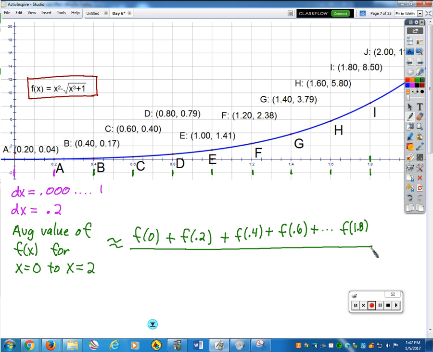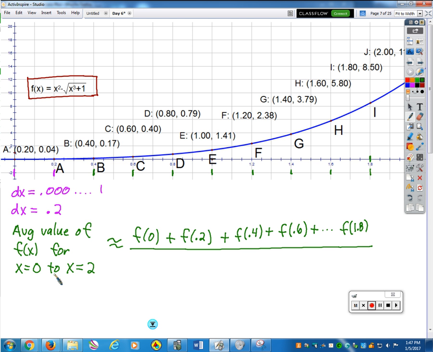Okay, but there's something we want to make sure we do. We want to make sure that you understand how to apply this idea not to this situation, but to any situation. So rather than write down 10, I'm going to give you a formula. We're finding the average from 0 to 2. So the first thing we do is we say, how wide is that interval? Well, it goes from 0 to 2.